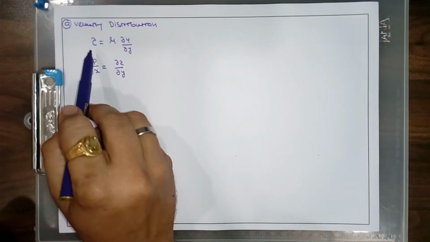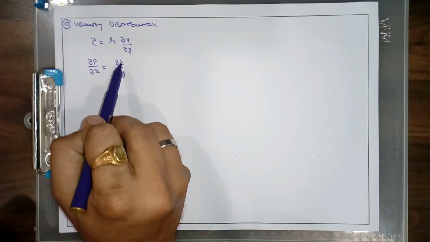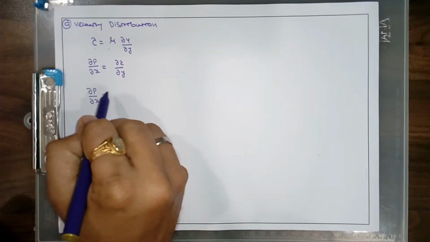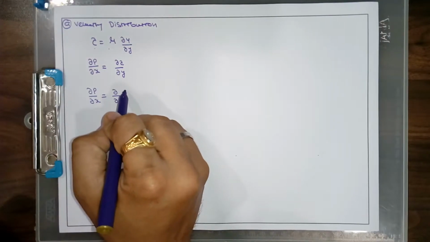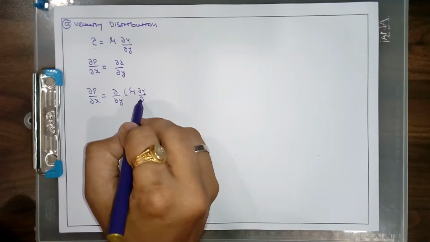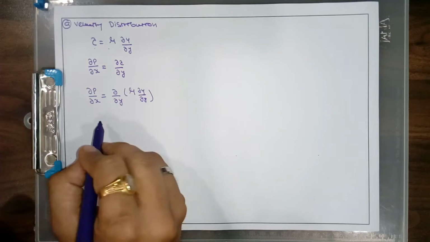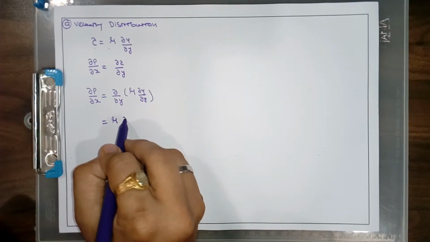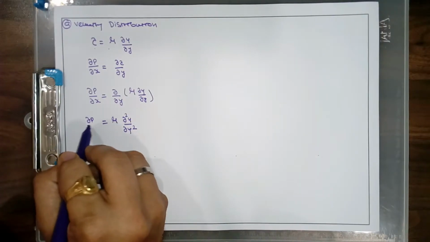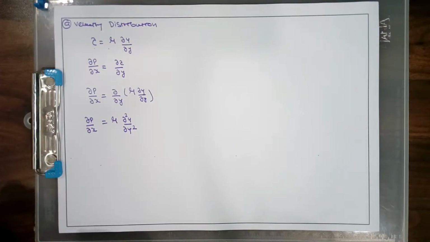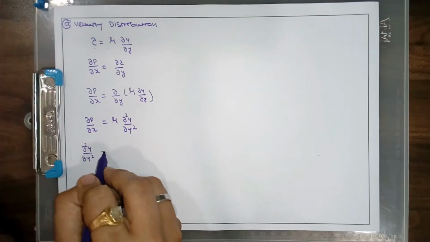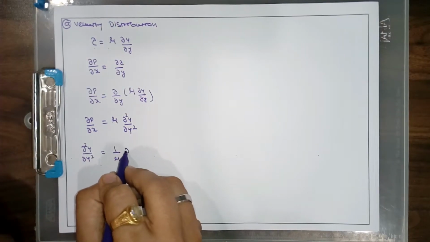Now we put in the value of tau, mu into del u by del y, so del P by del x equals del by del y of mu del u by del y. Now we know that mu is constant, so it comes out of the differentiation, and we get mu del square u by del y square equals del P by del x. Now students, we make del square u by del y square the subject, so we get 1 upon mu into del P by del x.